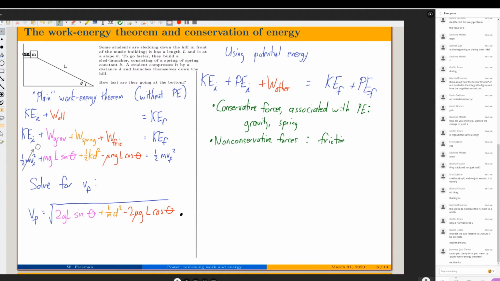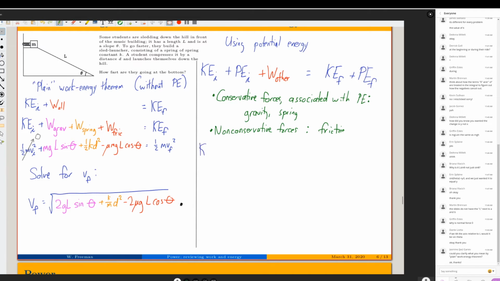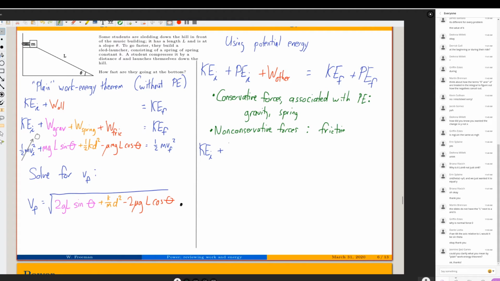So what I'm going to have is initial kinetic energy plus gravitational potential energy plus elastic potential energy. Now, I've still got the work done by friction, because I can't associate that with the potential energy because it's non-conservative, equals final kinetic energy plus those forms of potential energy.